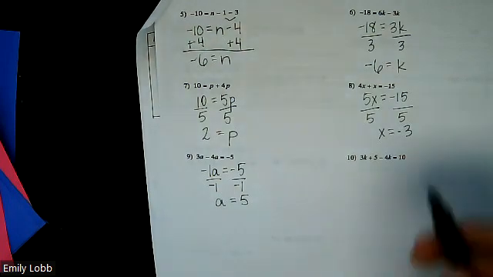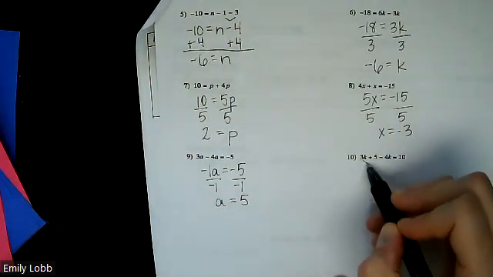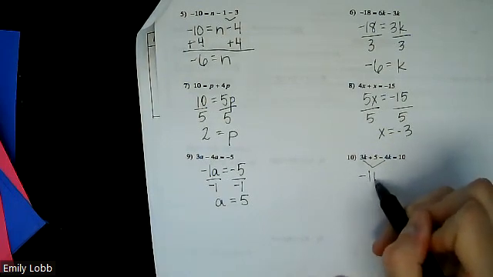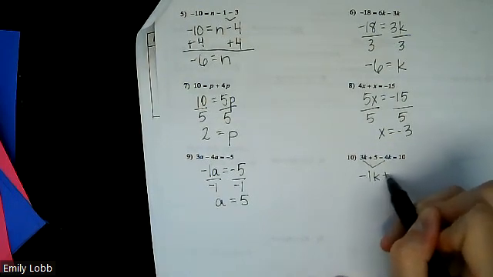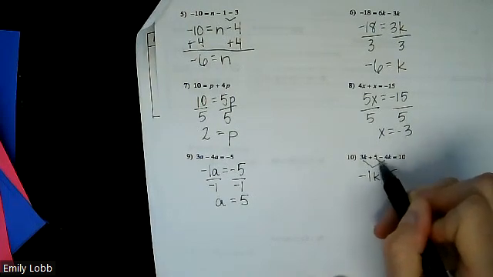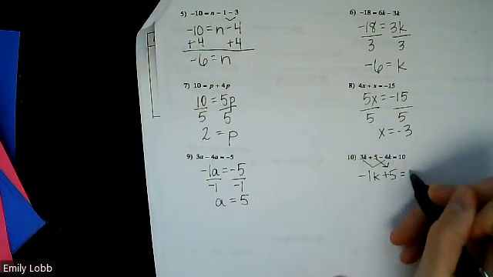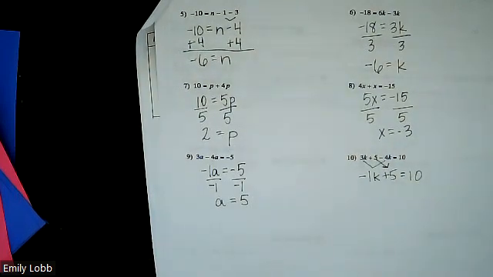Same thing is going to happen here because when I combine 3 minus 4, I have negative 1k. Bring down your plus 5. Don't forget about that. And your equals and your 10. Now I actually have a two-step equation.